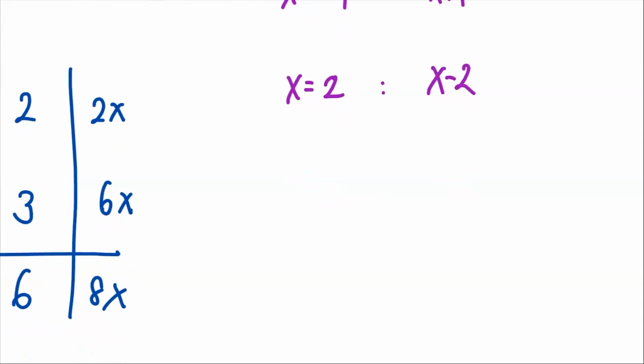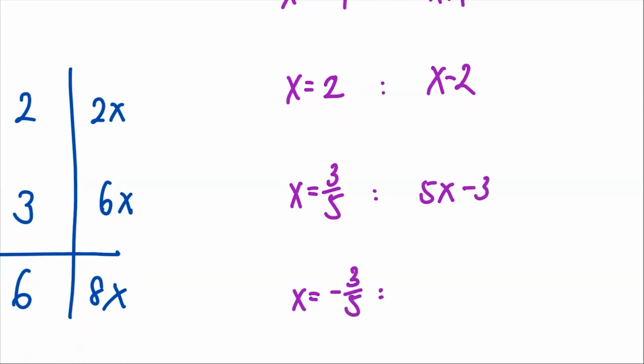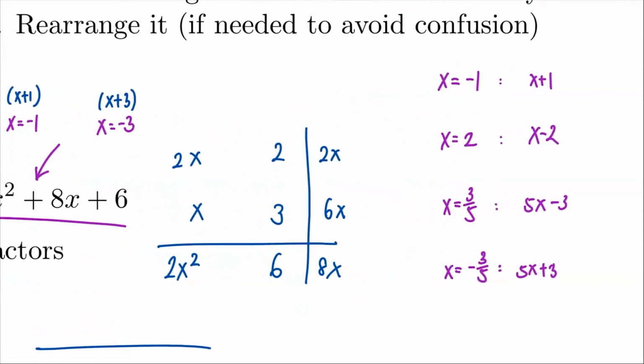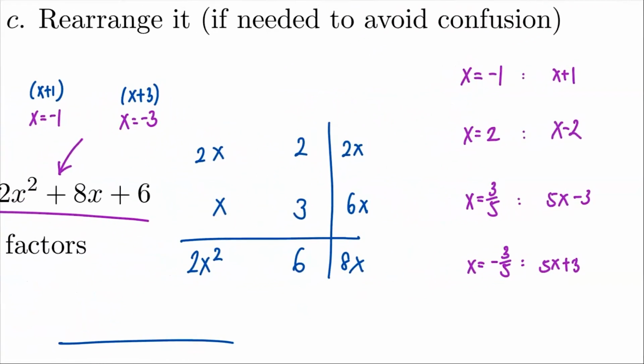If it's a fraction, x equals 3 over 5, then just throw the 5 up, bring the 3 over. And of course, just to round out the examples, -3 over 5 is just 5x plus 3. So this is how to cheat the box.